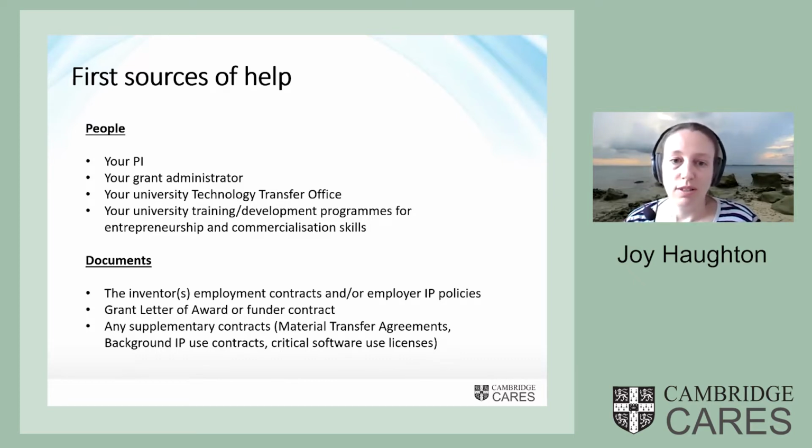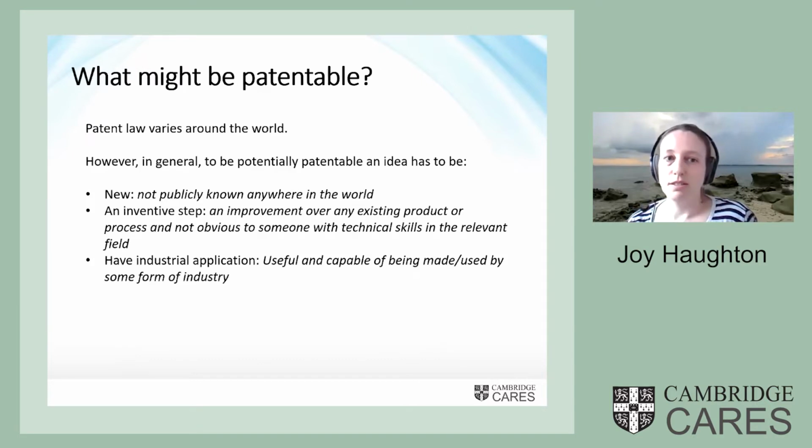So then, looking at this little germ of an idea, how do we know what might be patentable? Now, the patent law does vary around the world, but it does have a lot of commonalities in the different countries around the world. So these three bullet points here are pretty common in most patent laws in different jurisdictions around the world.